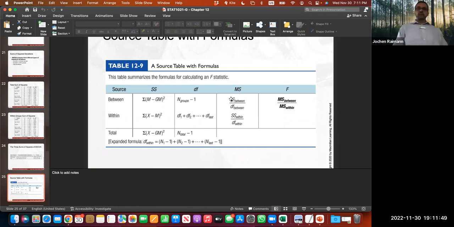Then we have the sum of squares between divided by the degrees of freedom between, gets you to the mean squared error or variance between, and here to the variance within. The ratio of variance between by variance within gets you to the F, which you utilize for interpretation of your test statistic.